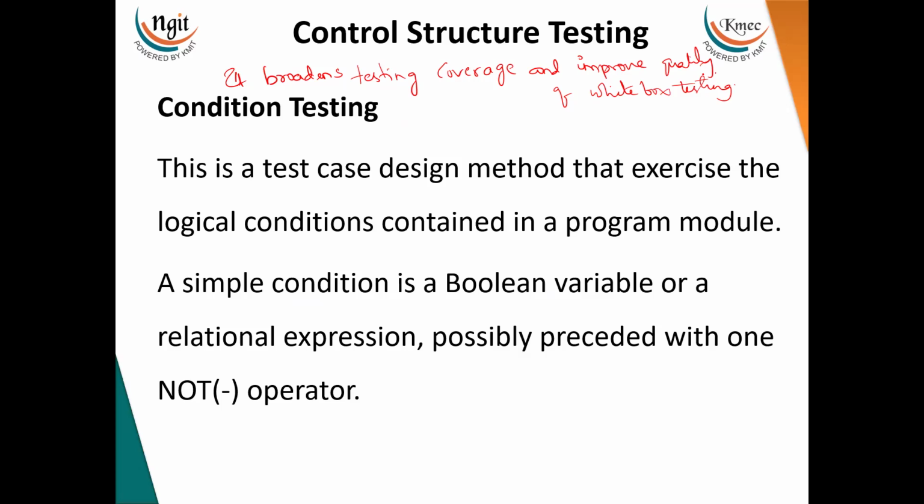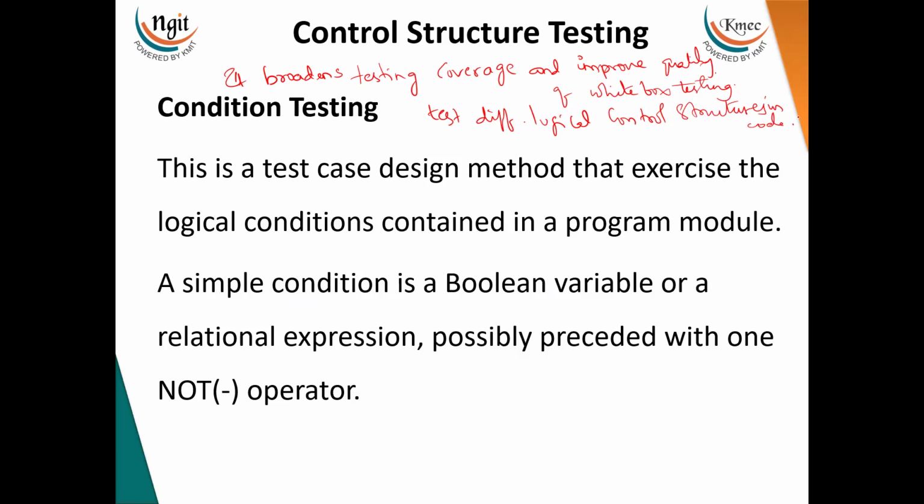So now, in this particular control structure testing, it introduces you to a group of white box testing techniques that test different logical control structures in the code. Okay. This will test different logical control structures in code.